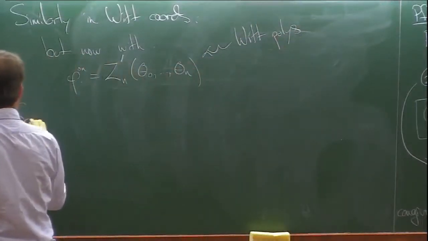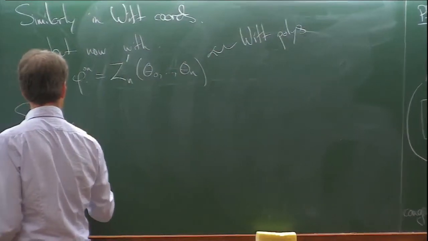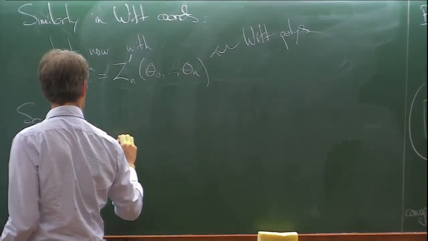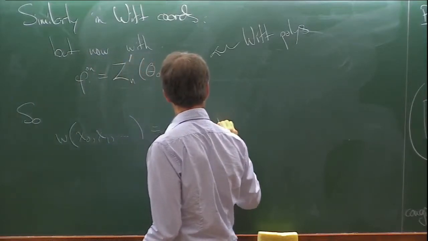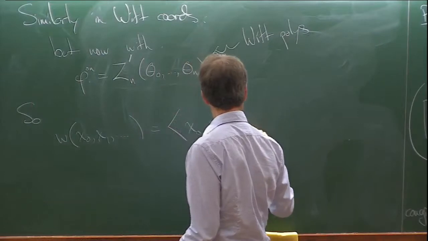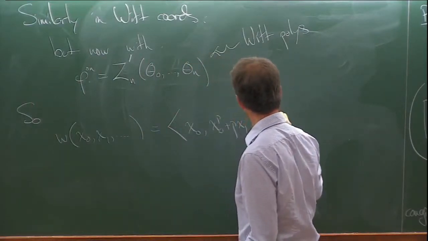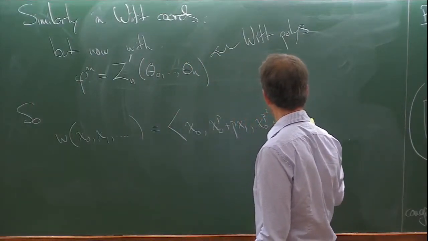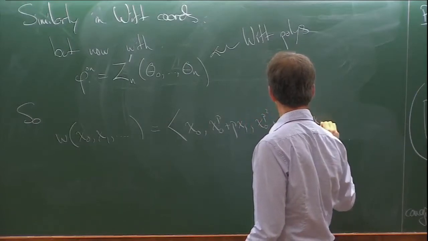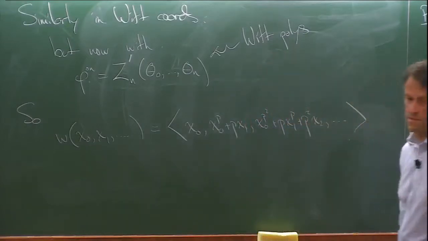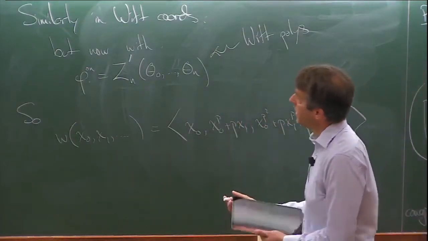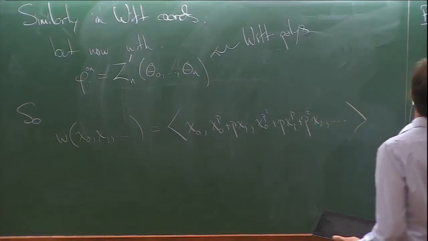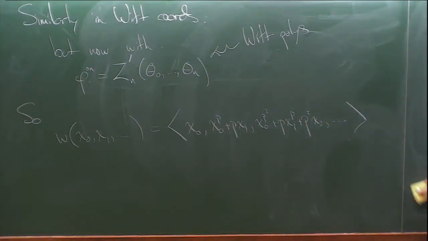So we can write down the formula that everybody actually knows, and so on. Okay, so that is one of the advantages of the Witt coordinates, which is the ghost map.